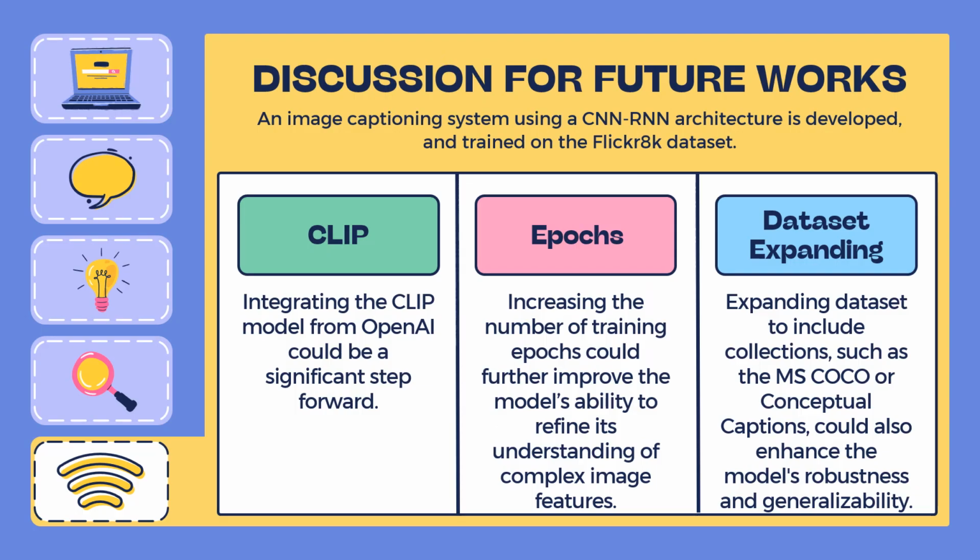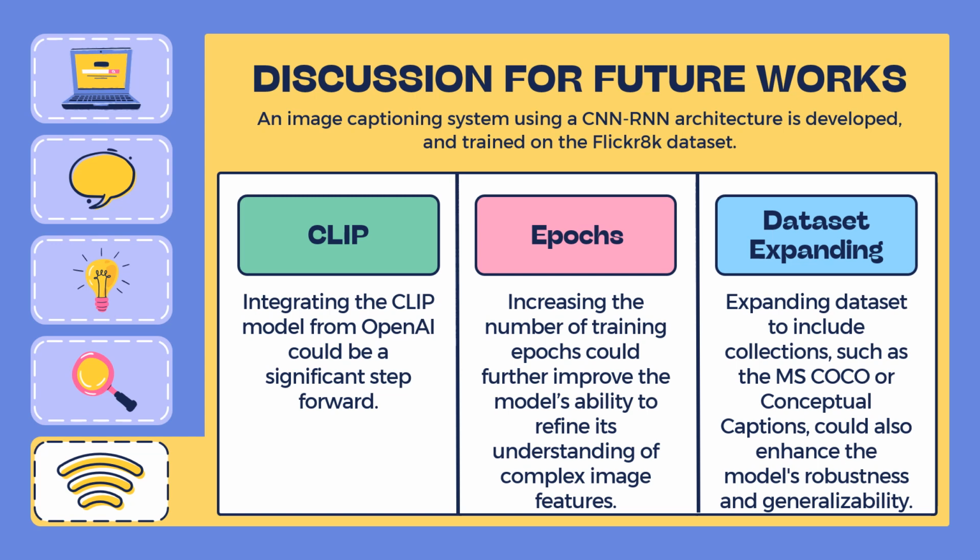To summarize, we built an image captioning system using a CNN-RNN architecture, and we trained it on the Flickr8K dataset. For the future, we can use the CLIP model, which is a significant step forward. We can also increase the epochs, since I had a limitation of GPU.